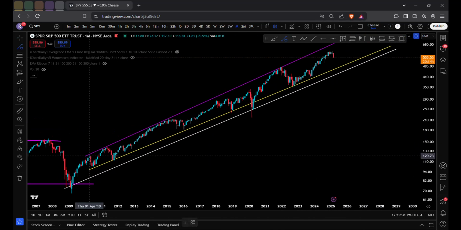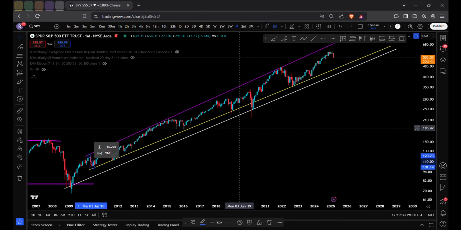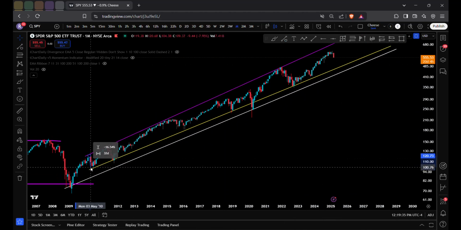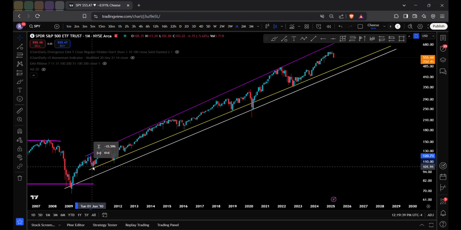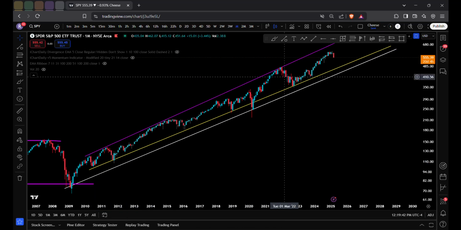So let's just see from here to here, 91 days until the bottom, but it took a while to obviously recuperate. But let's just say 60 to 90 days, 15%.